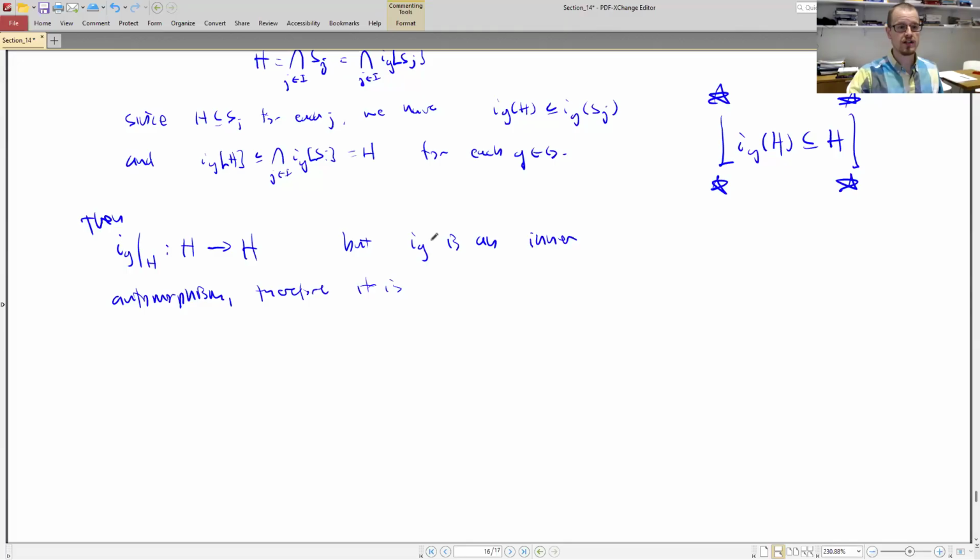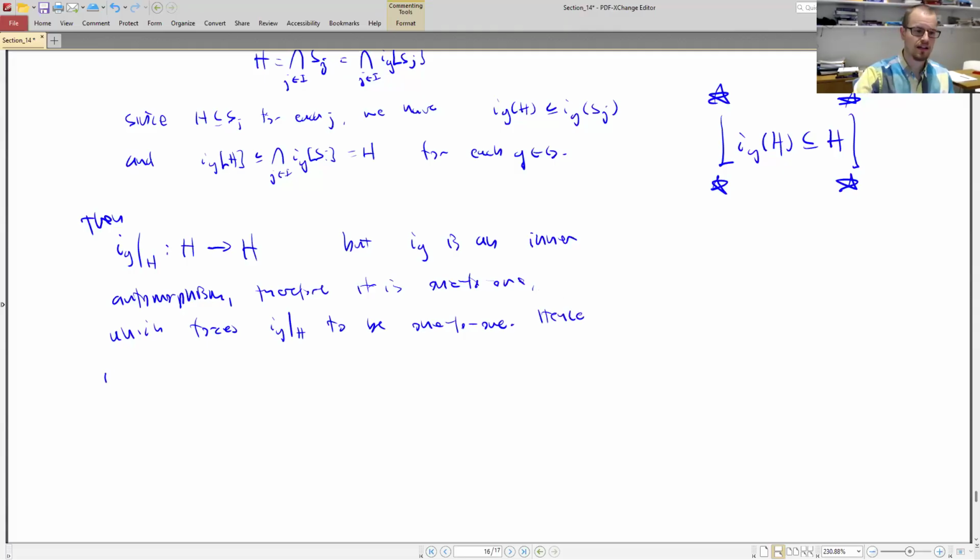So I sub G restricted to H is a function from H to H, but I sub G is an inner automorphism. Therefore, it is one-to-one, which forces the function I sub G restricted to H to be one-to-one.